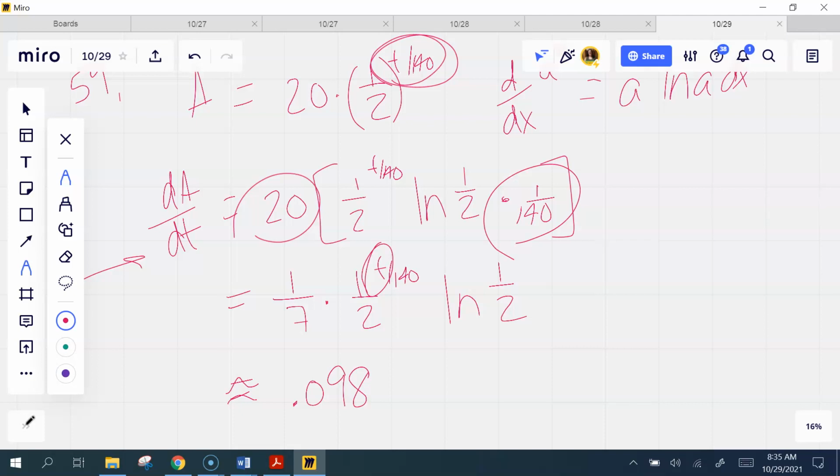Something per day. Look at the problem. The amount A in grams of radioactive plutonium. Grams per day.